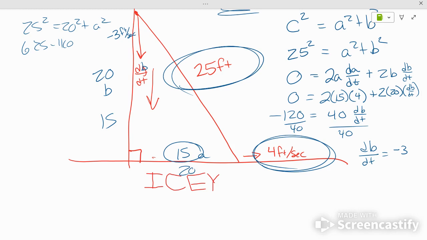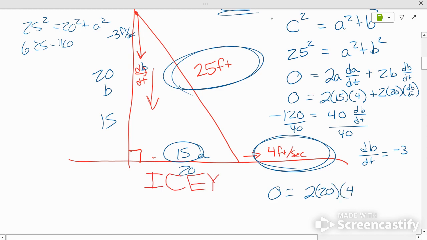So then we just switch the 15 and the 20 around, and the 4 feet per second stays with the dA/dt. So 0 equals 2 times 20, because this is now 20, times dA/dt, which is still 4 feet per second. The ladder is not speeding up. We're pretending that it doesn't speed up as it goes out.